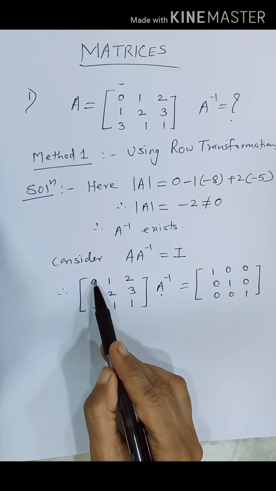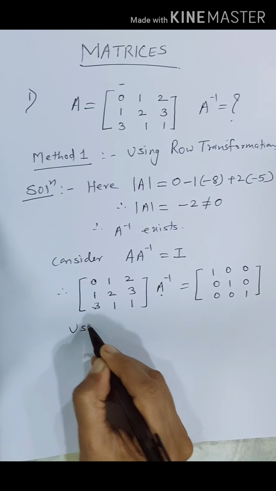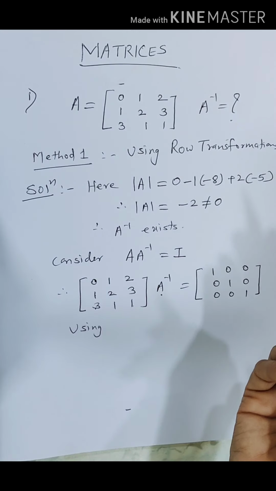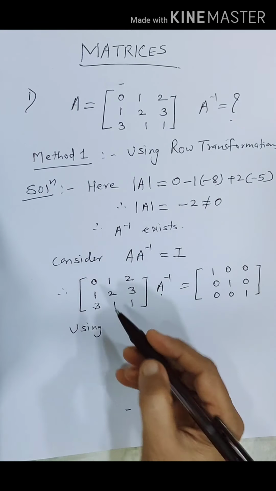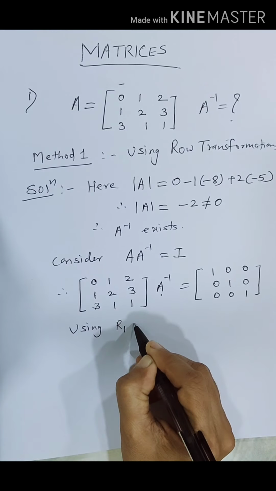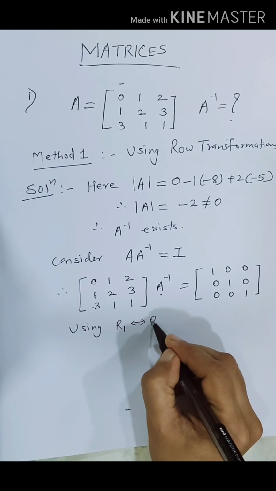Now, in order to get 1 here, we don't have to use any scalar multiplication or anything. We can just consider using R1 interchanged with R2.